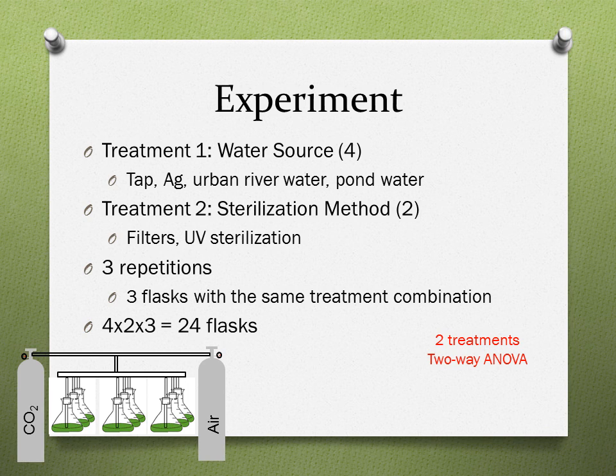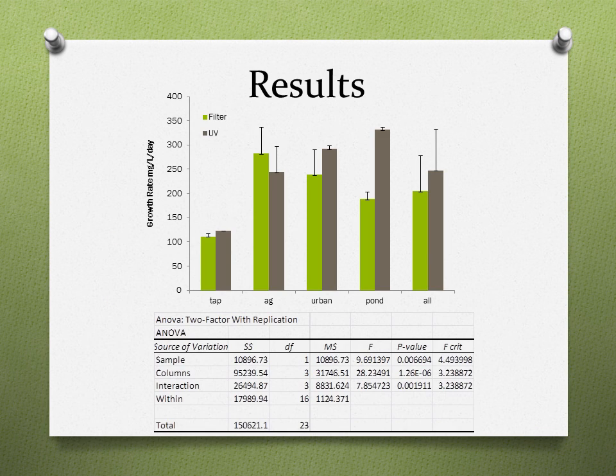In this case, what we have is 2 treatments and a 2-way ANOVA. So just to give you an idea of what the difference is between a 1-way ANOVA and a 2-way ANOVA. So here are our results, and you can see that the ANOVA has gotten a little bit more complicated. For one, it's got samples and columns, so you're going to have to keep track of which one you put in samples and which one you put in columns. It also has something called interaction.